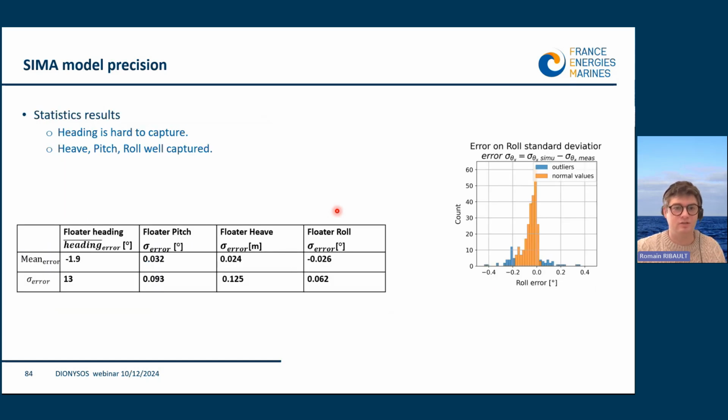So as a result of our study, we get some metrics for model accuracy, and we can see that on average for pitch, heave, and roll, the model is quite accurate.